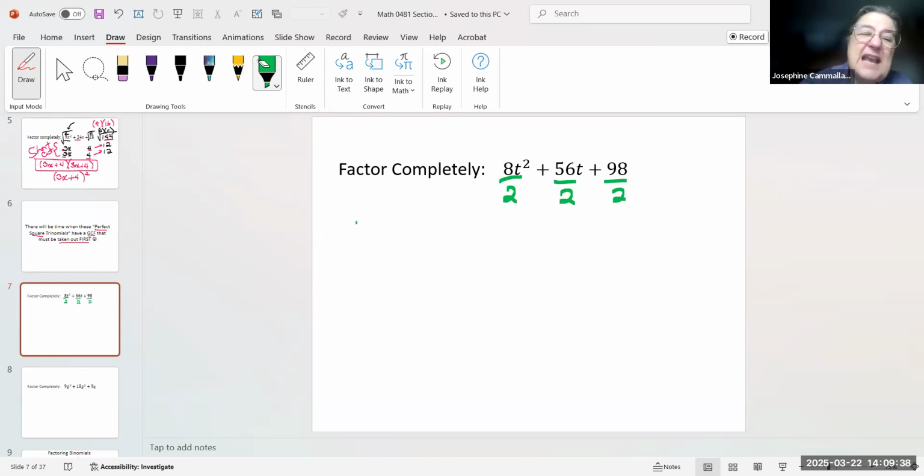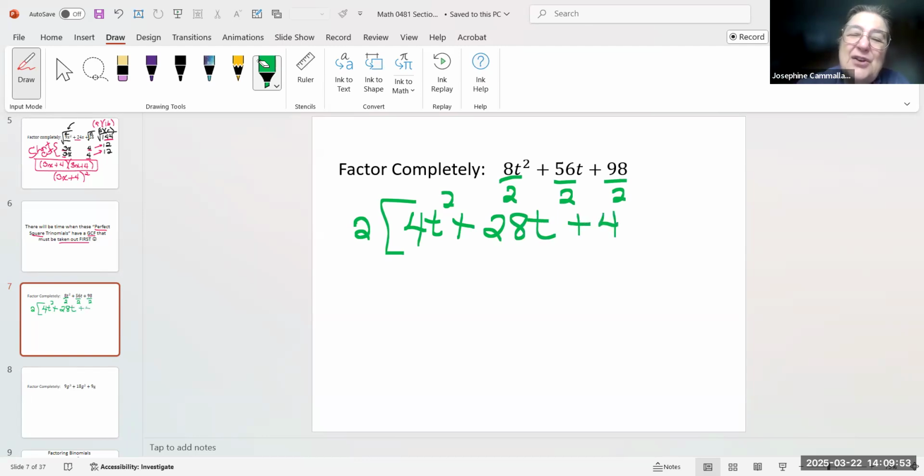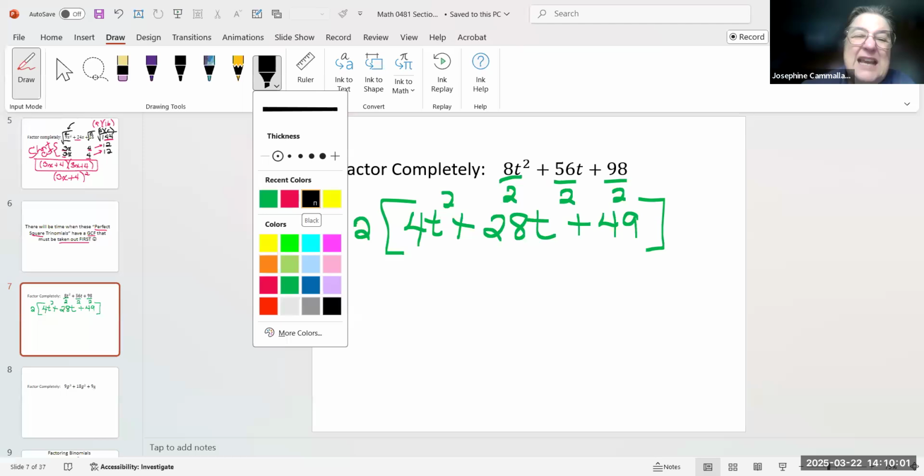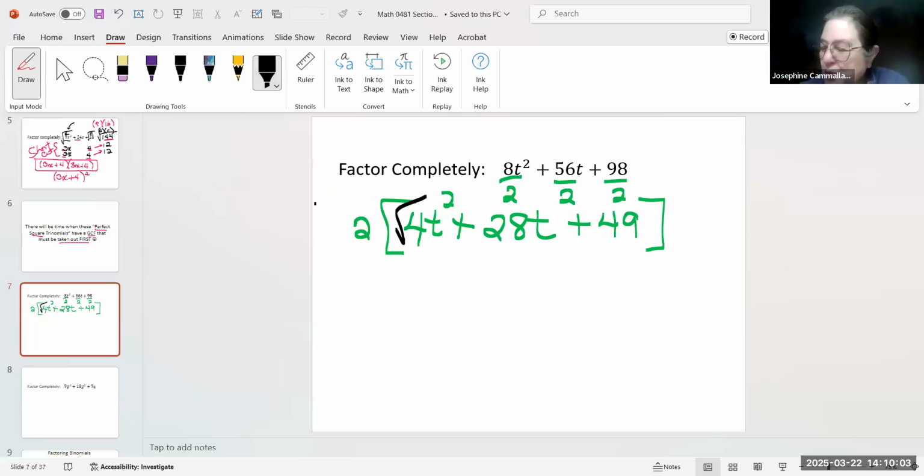Well, this means I have a 2, but notice what I get. 4t squared plus 28t plus 49. Okay. Well, now look what happens. If I take the root of 4, that's 2 and 2.